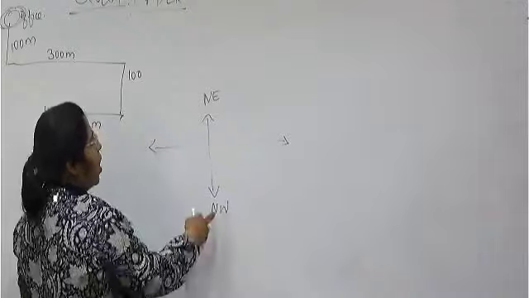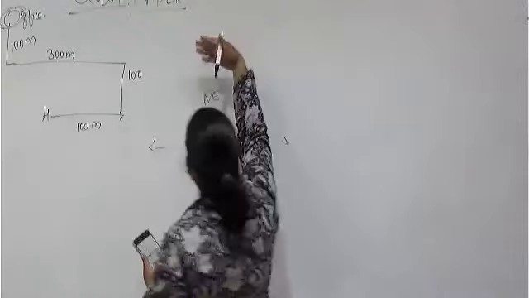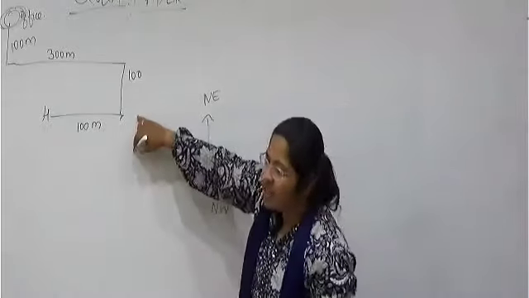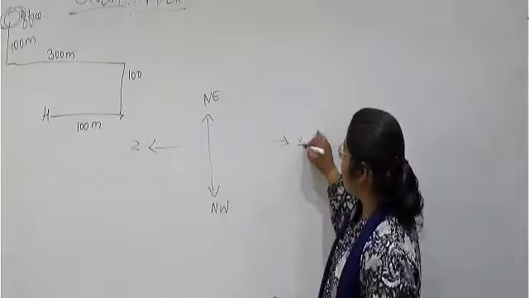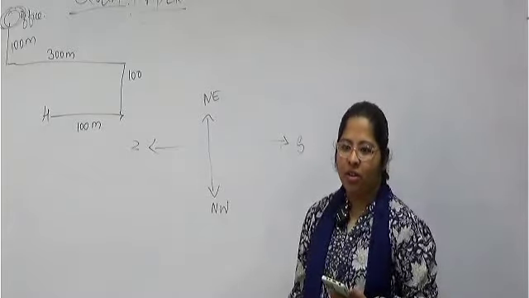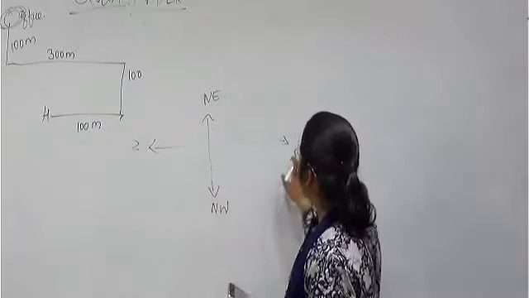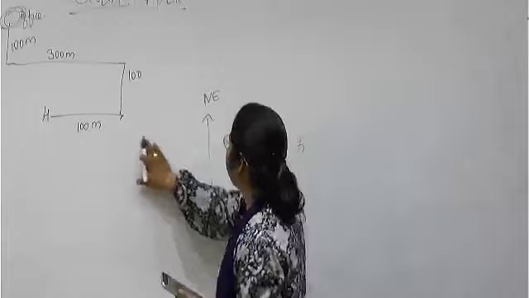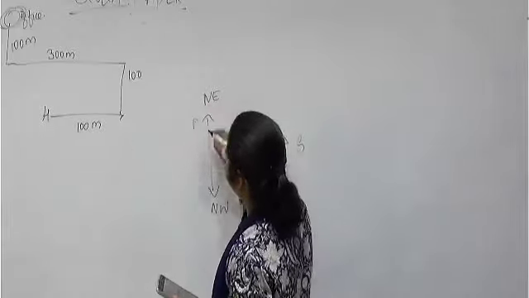So between northeast and northwest, east is this side and west is this side. That means north is this and south is this. It is an in-between thing, no?